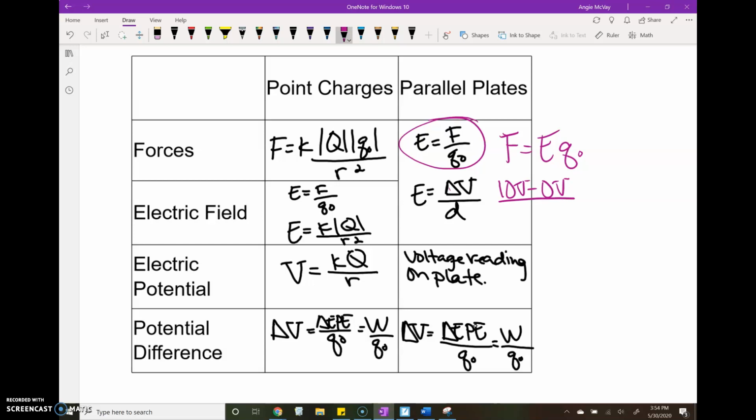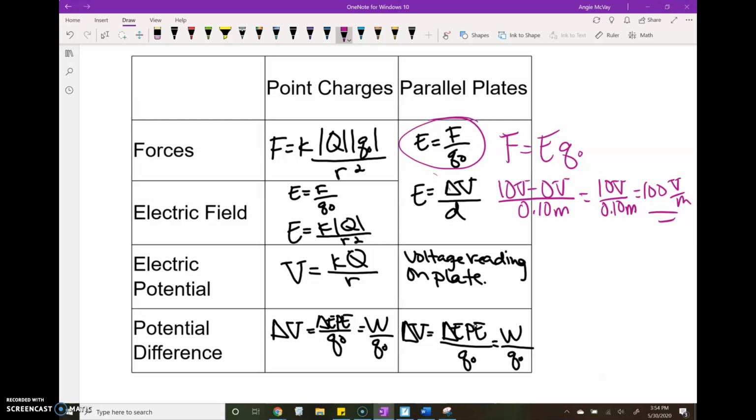And if they were separated by 10 centimeters or 0.1 meters, you would have 10 volts over 0.1 meters, and you get an electric field strength of 100 volts per meter, right, as an example. Okay, so this is for finding the electric field strength between 2 parallel plates, and this is a constant electric field strength between those 2 plates.